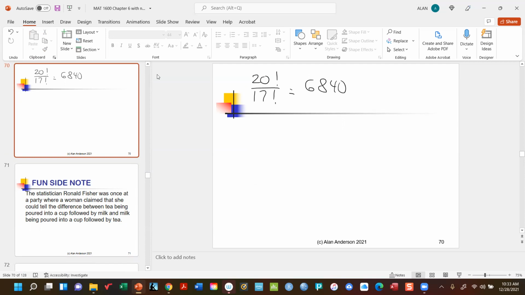But there's a quicker way of doing this, or at least there's a way of avoiding these gigantic numbers. What you can do is this. 20 factorial is actually equal to, as you know, 20 times 19 times 18, 17, 16, all the way down to 1. 17 factorial is 17 times 16 times 15 times 14.